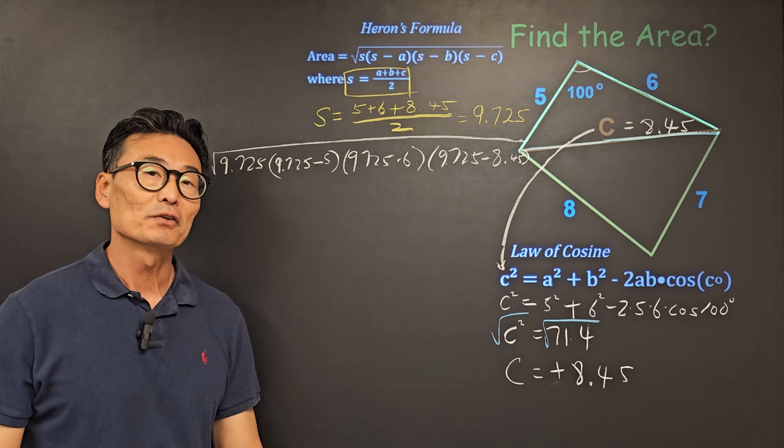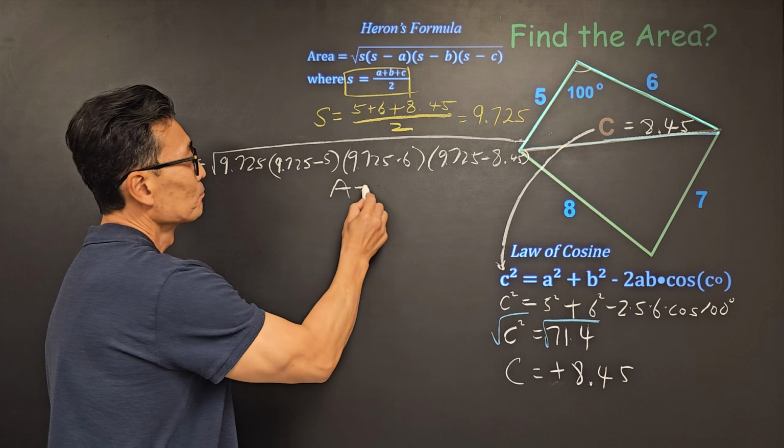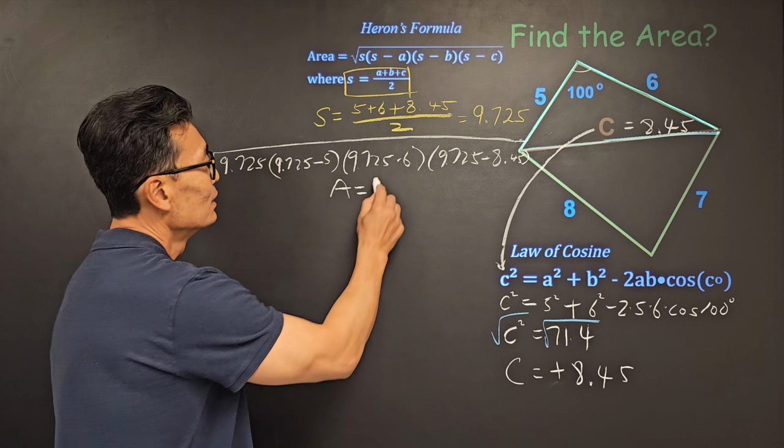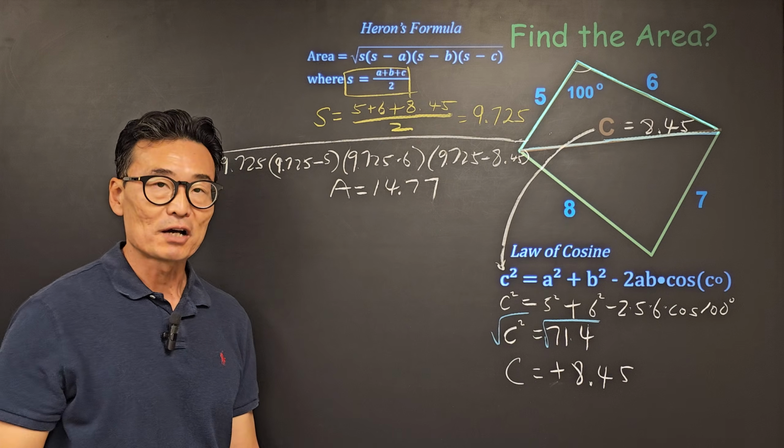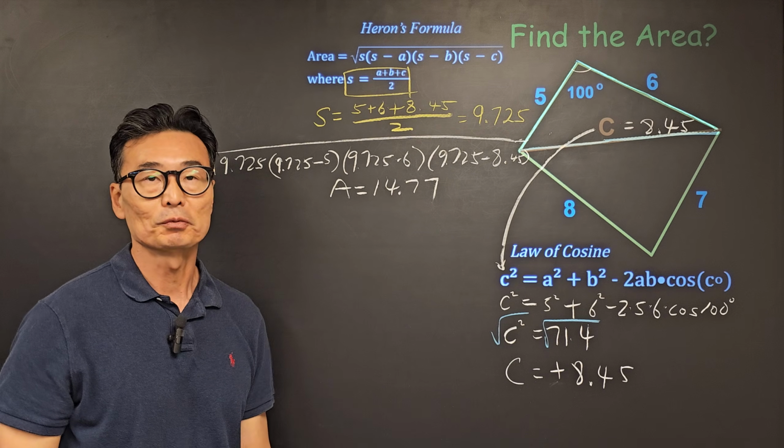If you plug this in the calculator, you'll get the area of the upper triangle as 14.77, approximately, or rounded off to 2 decimal places.